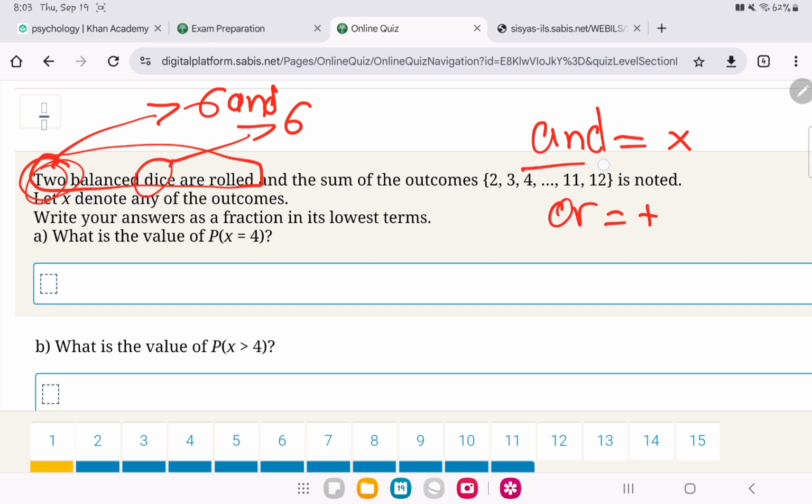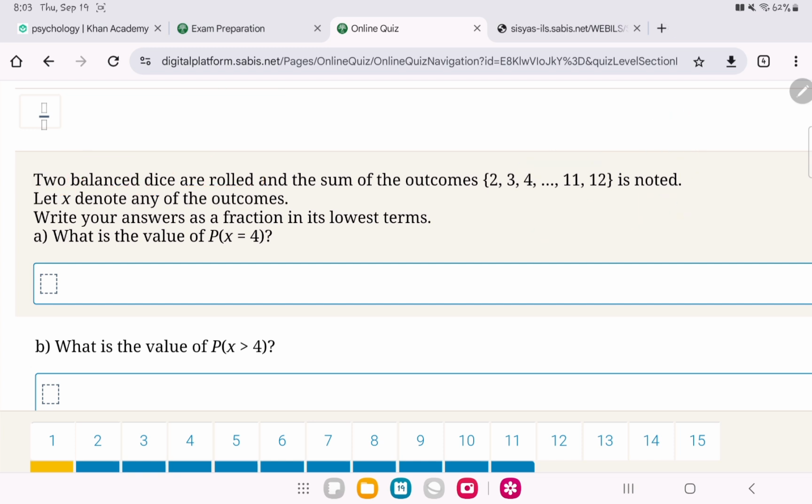Remember, "and" is equal to times. So we have 6 and 6 possibilities, so 6 times 6, which is then 36. This is the total number of possibilities when we roll the dice. So it's not the sum of outcomes, no, it's the possibilities.